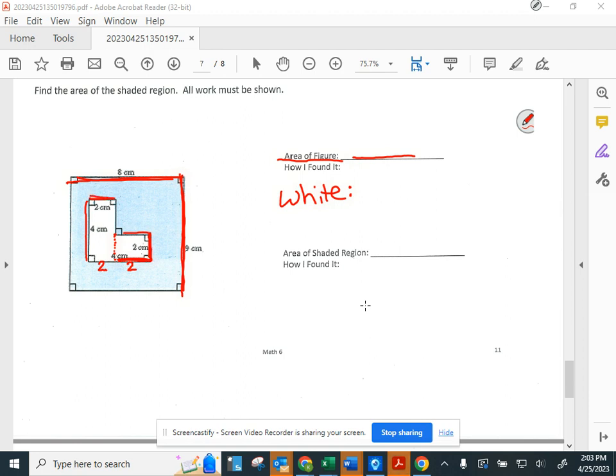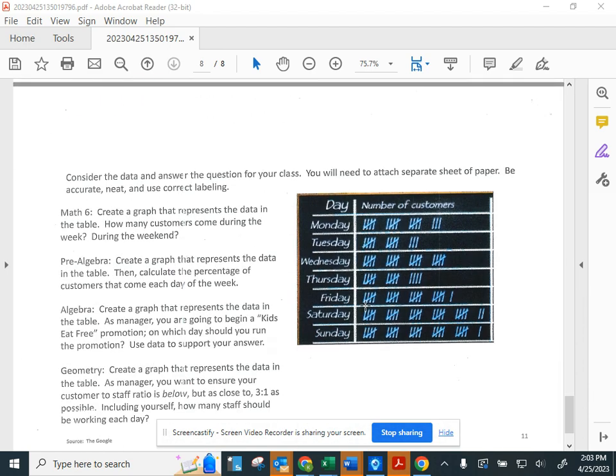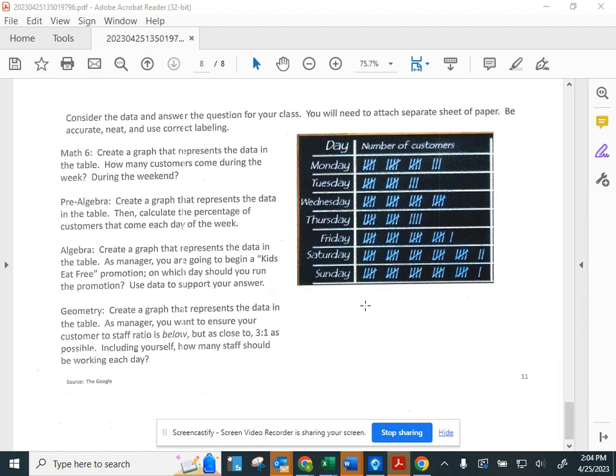So I found my 2 rectangles and added them together, so I could put in what my white area was. I subtract that from my total area, and I'm left with just my shaded area. So when you get a goofy shape like the L shape of the white, you can break it up to make 2 rectangles that we know the area of, the length times the width, and work with what we do know.